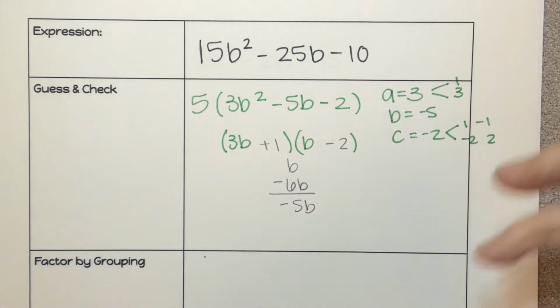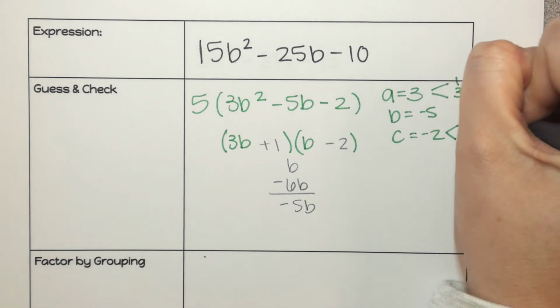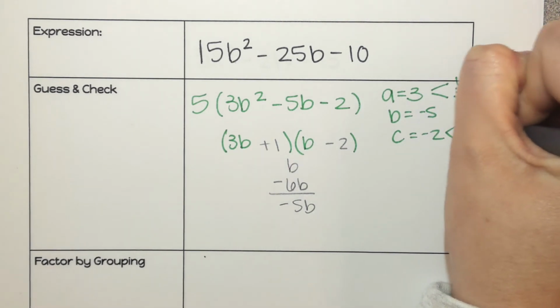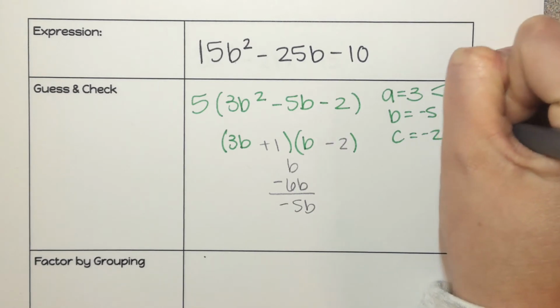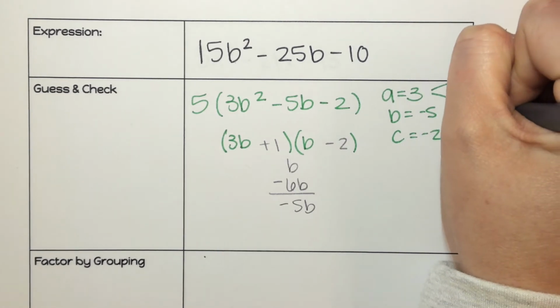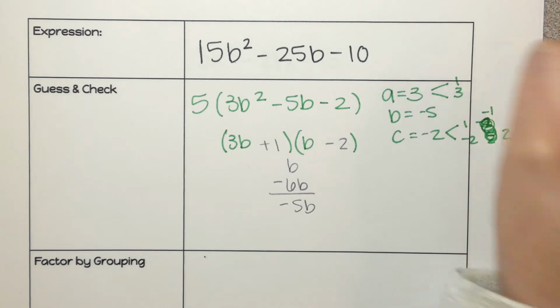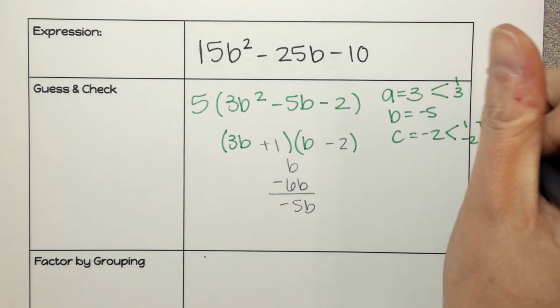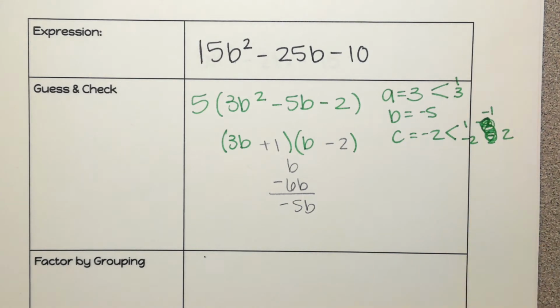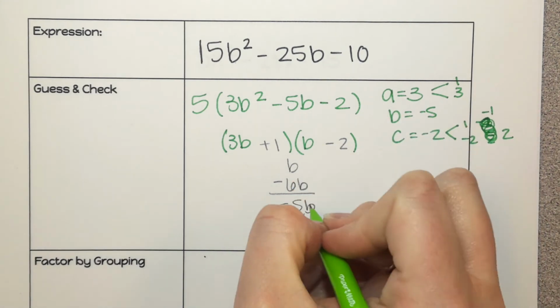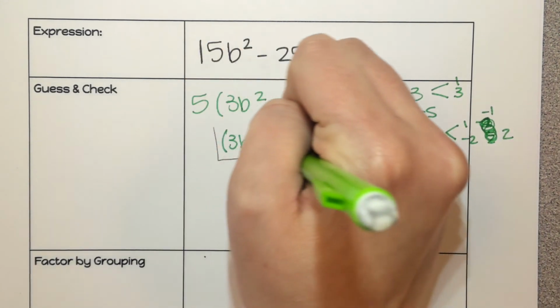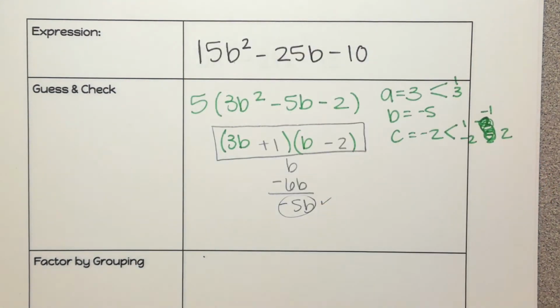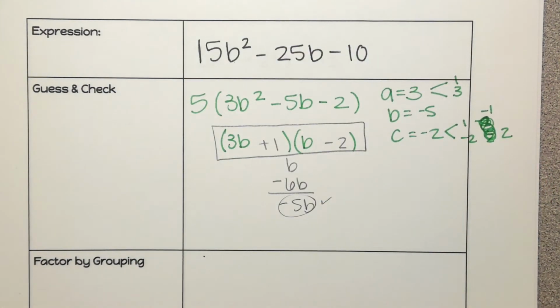And I just realized over here, this should say 1 and 2, 1 and negative 2, or negative 1 and positive 2. Sorry, I was looking at it backwards and realized that it was really correct. So forgive me. Anyway, so that does work. So there is our answer. Okay.